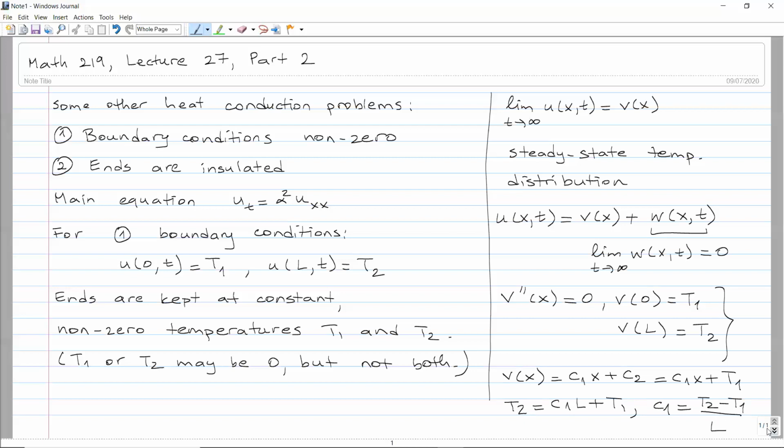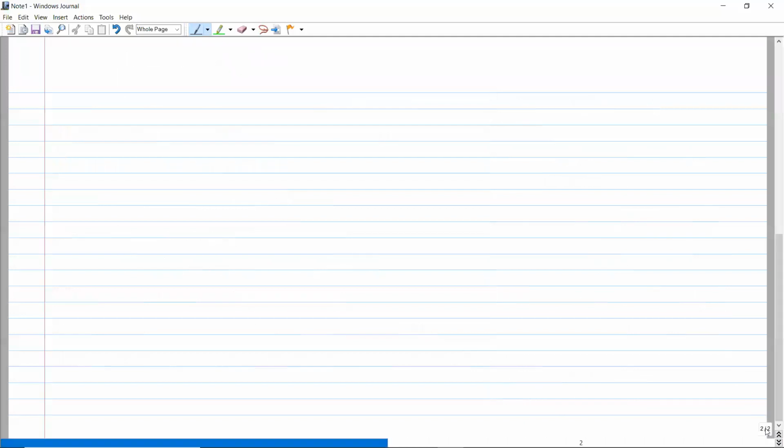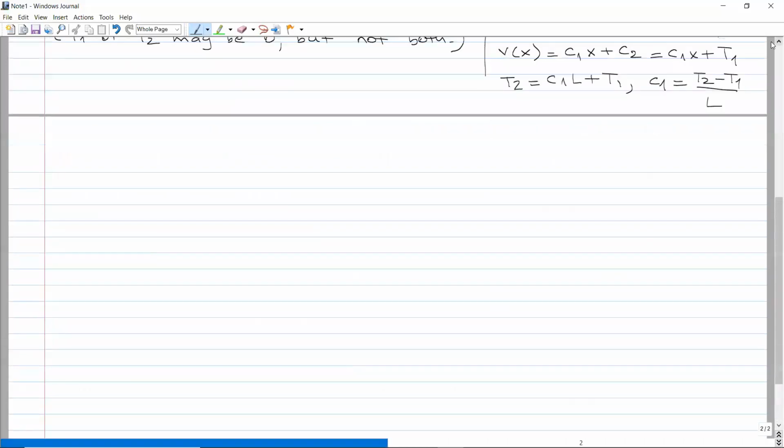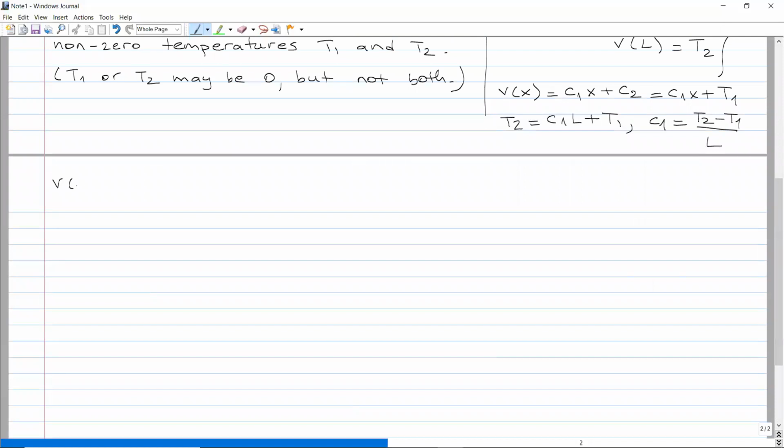So this function v(x) is going to be the difference T2 minus T1, divided by the length of the rod L, times x, plus the temperature at the end x equals 0, which is T1.